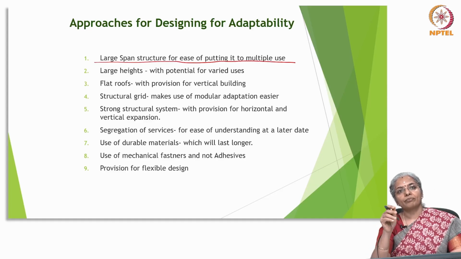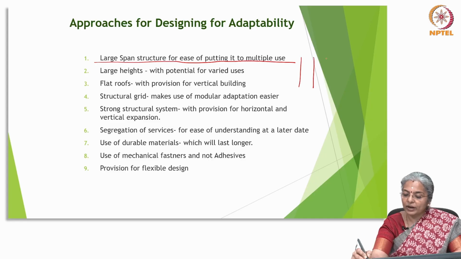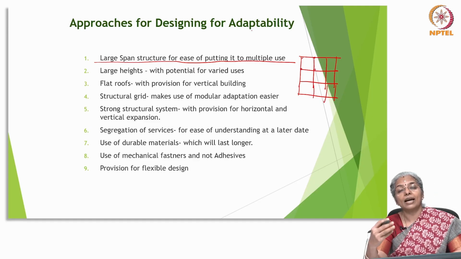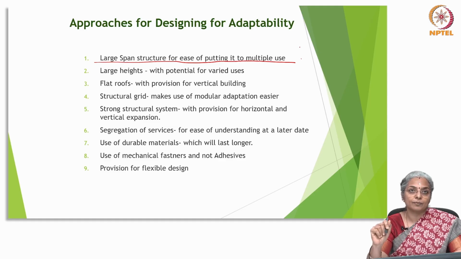If you have structures which are, say, 3 meters wide, and the entire grid is only 3 meters wide, the options of putting this place into another use become fewer, because the room sizes will be so small that you cannot imagine any other activity for which you actually need larger spans. So, you should start looking at designing for long span structures.